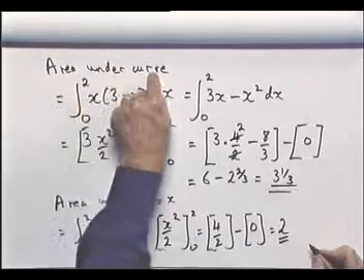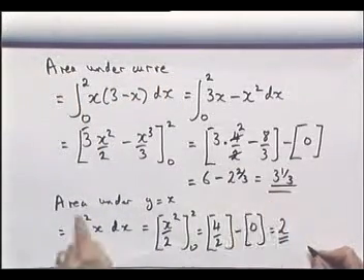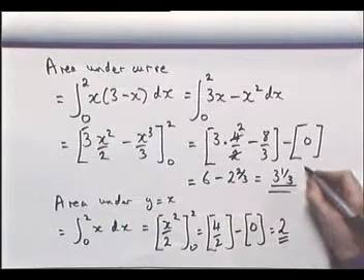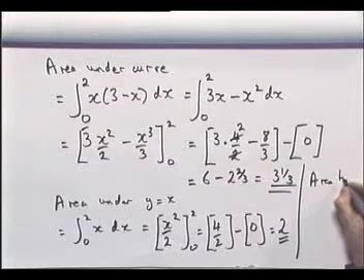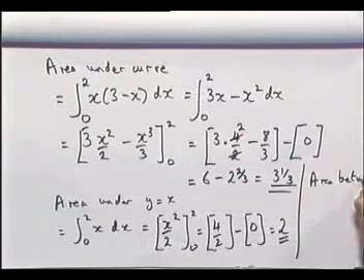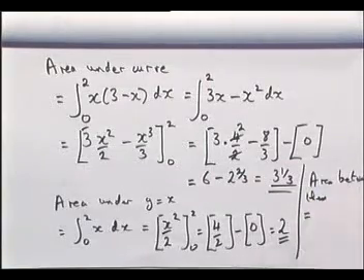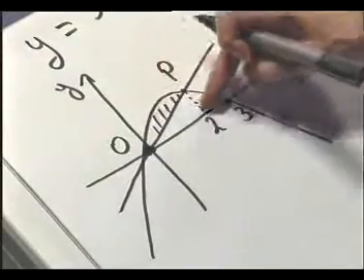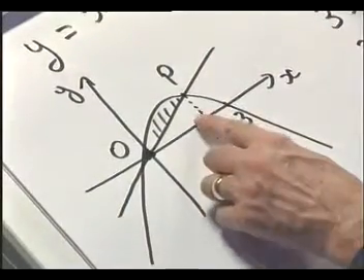So here we've got the area under the curve, 3 1/3. Here we've got the area under y equals x, 2. And so the area between them, let's look at their positions. We've calculated this area here under the curve, that's the one that is 3 1/3.